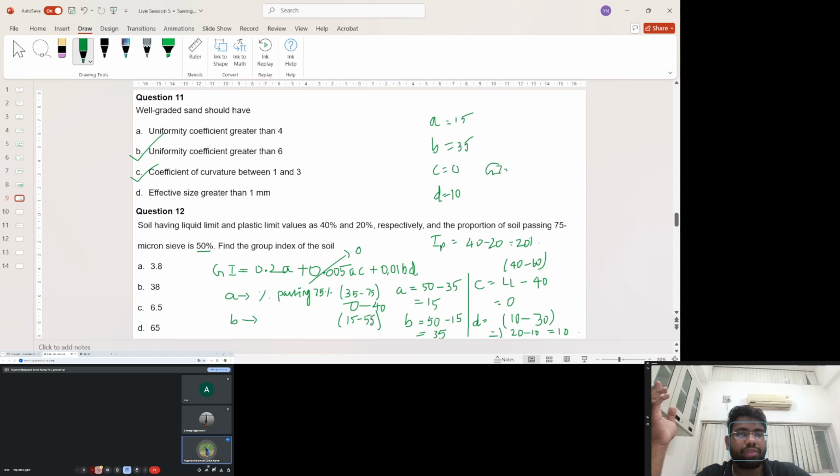GI will be 0.2 into 15, which is 3, plus 0.01 into b, which is 35, into d, which is 10, that is 350 into 0.01. It will be 3 plus 3.5, which is the group index.